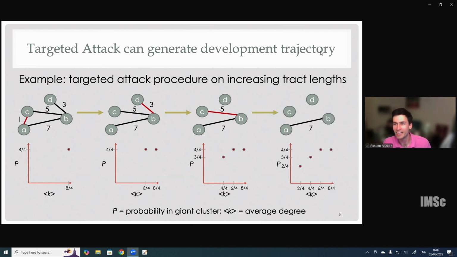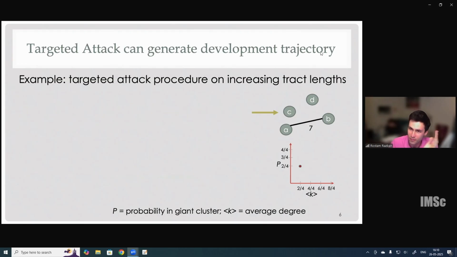And you may be asking yourself, what does this have to do with development? You're just kind of simulating an attack. And the way this simulates it is if we play it in reverse. So I showed the forward case. If we play this in reverse, starting from the end, we're still doing the same procedure, but I'm just replaying what happened.